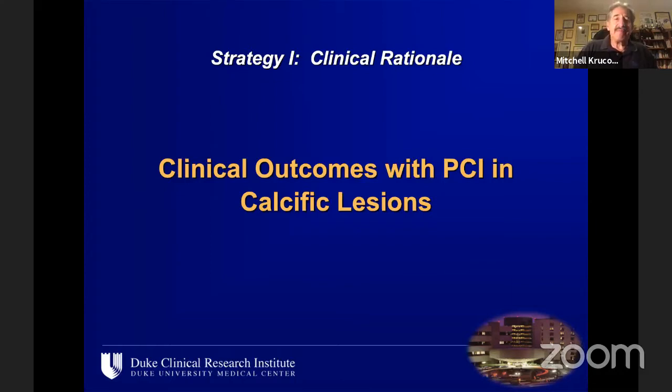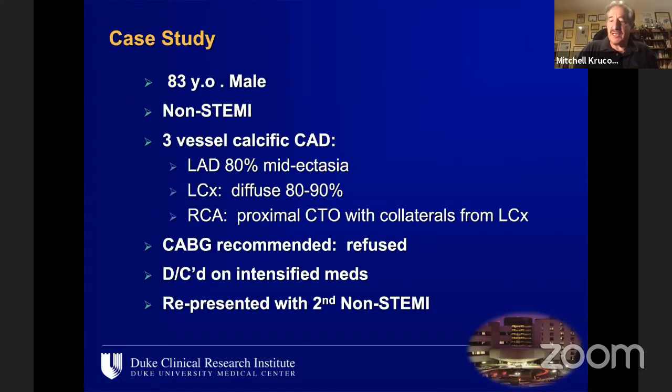So first and foremost, there has to be a clinical rationale, and here we know well that the clinical outcomes with PCI in calcific lesions are very troubling compared to non-calcified lesions. This is an 83-year-old male who I treated, presented with a non-ST elevation MI, had severe three-vessel disease.